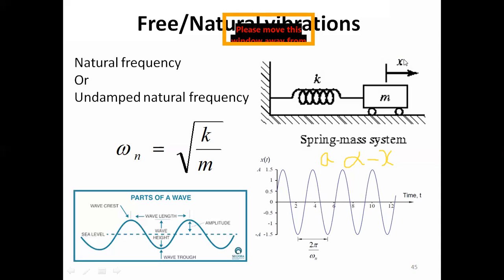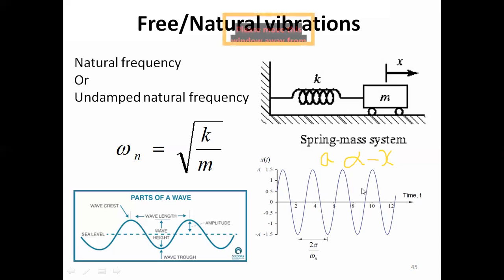X is the displacement of the system, and generally in vibration we call it the response of the system. And as you see, this is the time plot. Along the horizontal axis we have time, and along the vertical axis we have the displacement.